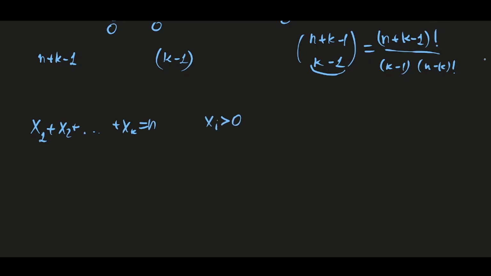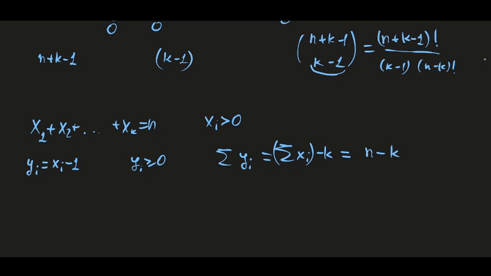In this case, we can make yi equal to xi minus 1, and the yi's will be non-negative numbers, greater or equal to zero. The sum of the yi equals the sum of the xi minus k, because each yi equals xi minus 1, and clearly this is equivalent to n minus k.